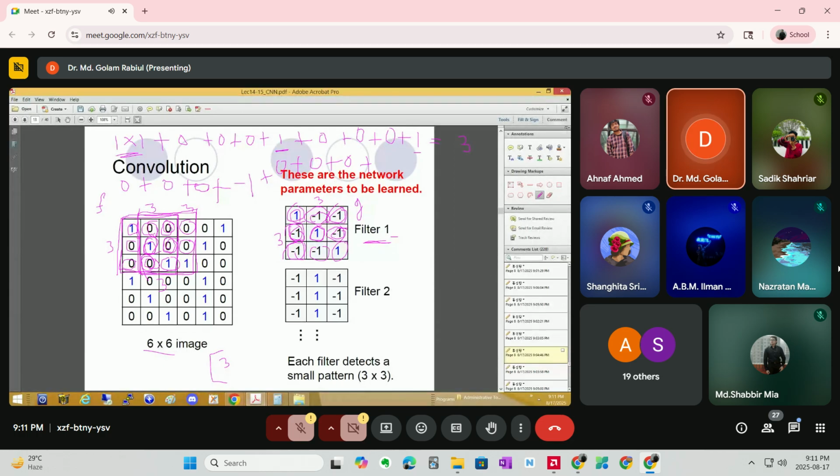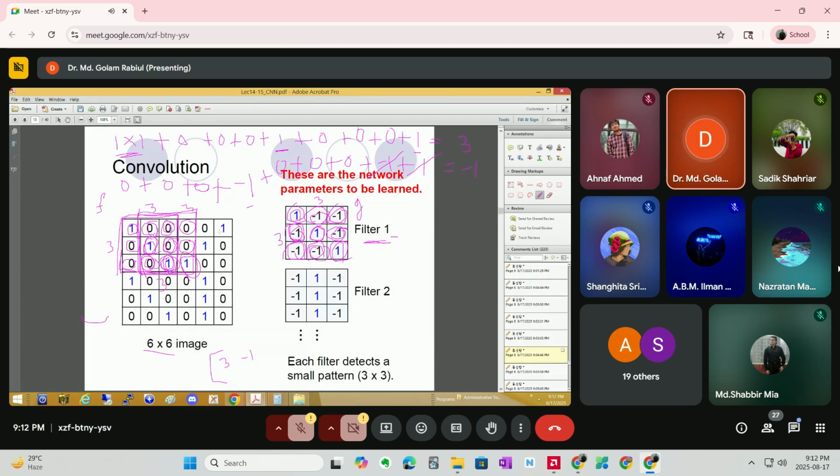Then plus 1 times -1 is -1, plus 1, 1 and 1, so +1. After adding this, +1 and -1 cancel out, and -1 remains. So we will get -1 after this computation.